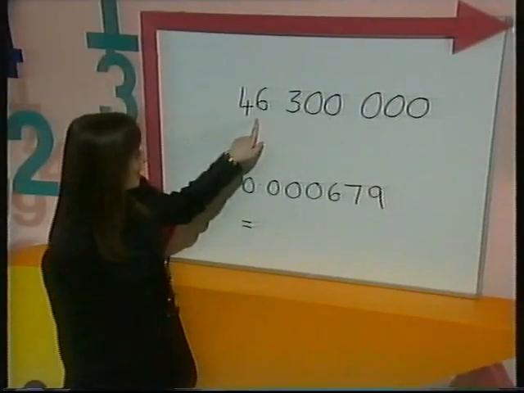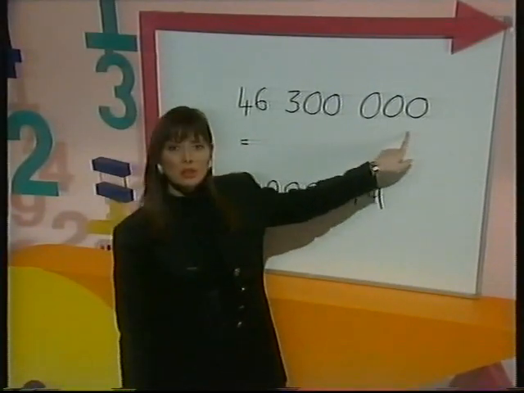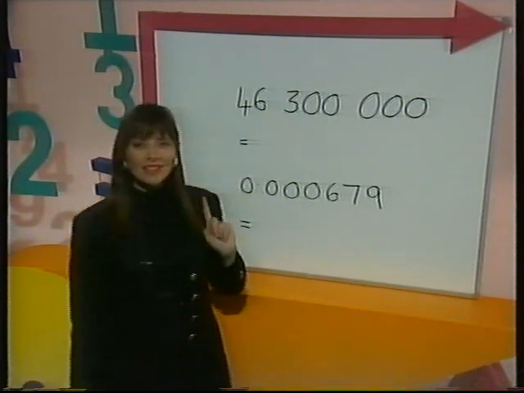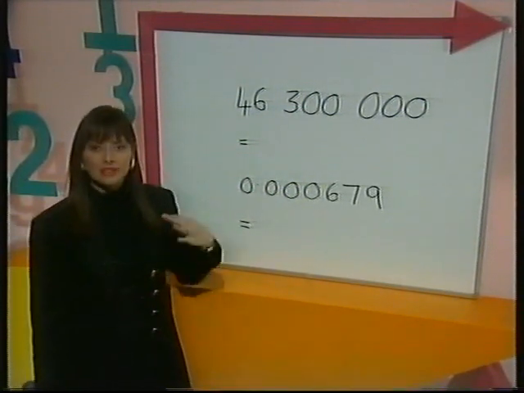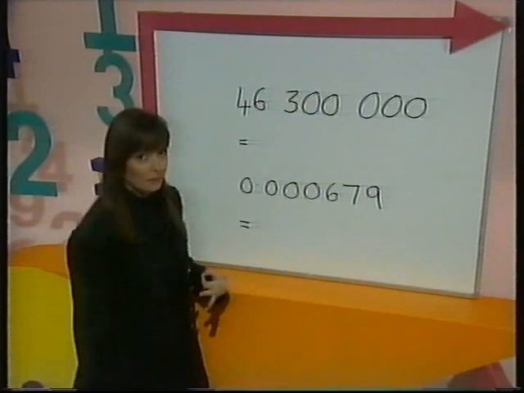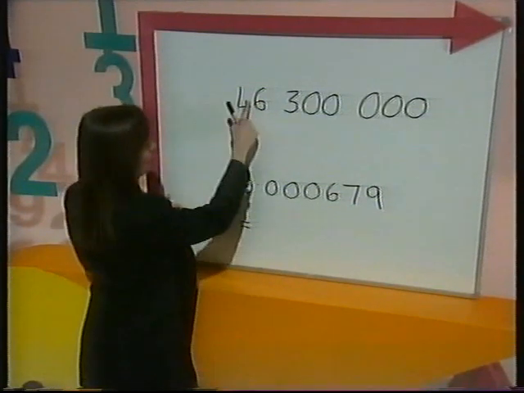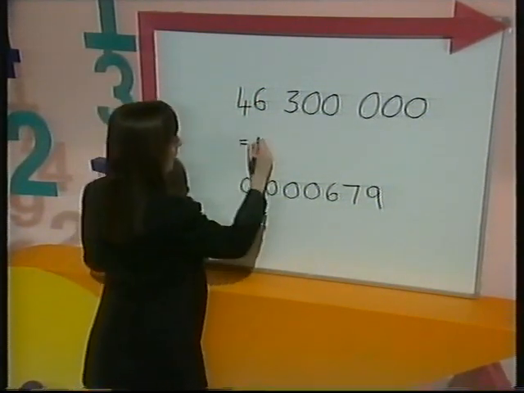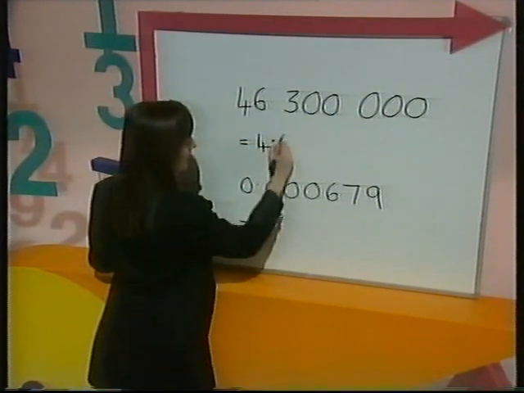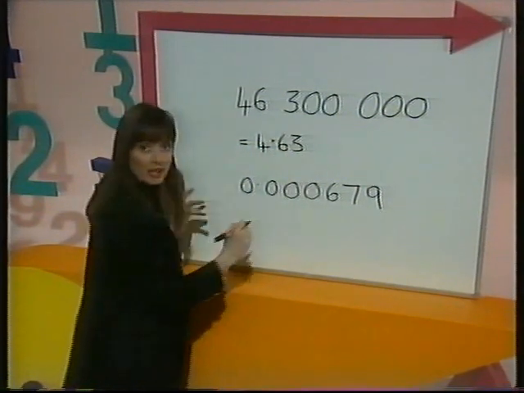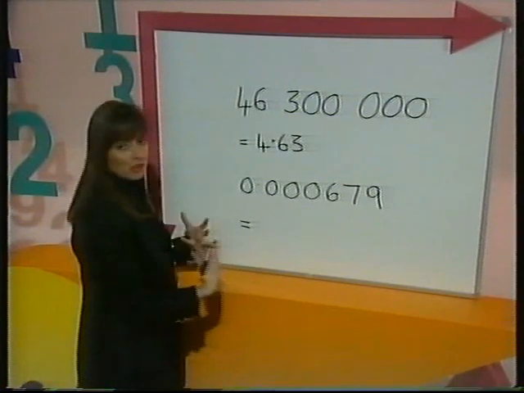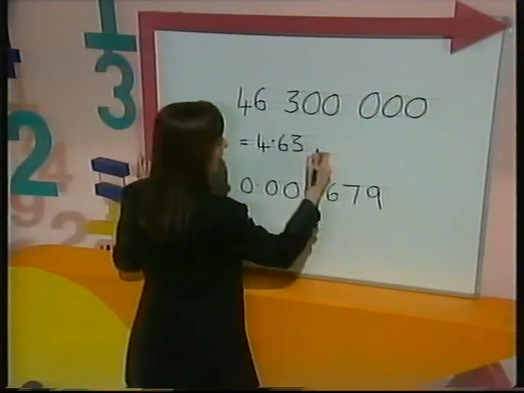A number like this is very hard to write down. However, any number can be written in what's known as standard form, and this is how you do it. Put a decimal point in here after the first number, and that gives you 4.63. Then you need to multiply it by 10 to the power of something.